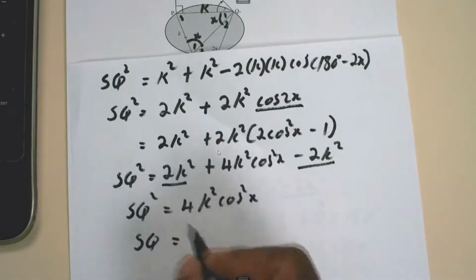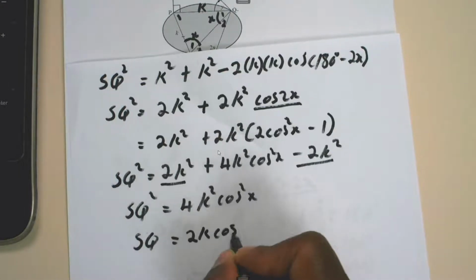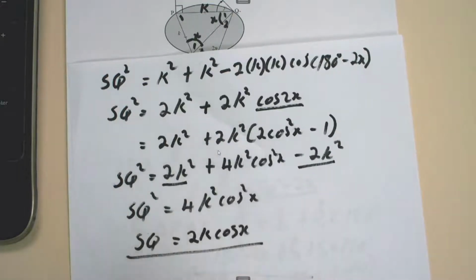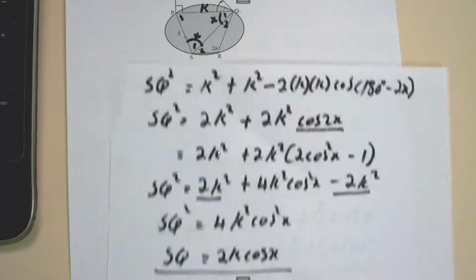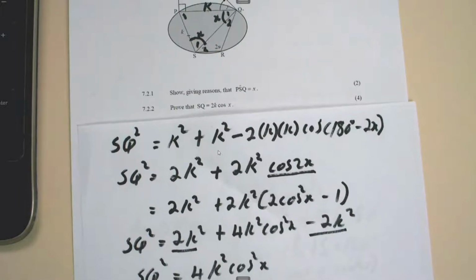The square root of 4 is 2, the square root of k squared is k, and cos squared x becomes cos x. This is exactly what we are required to prove. Thank you very much. Perfectly done. We have proven that SQ is equal to 2k cos x.